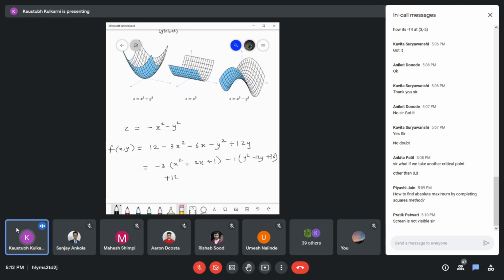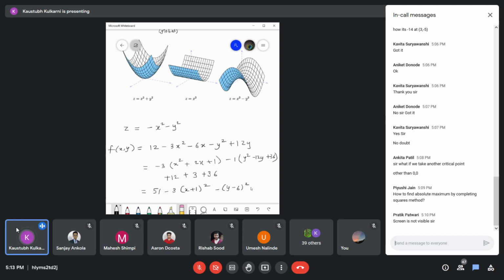Now we introduced minus 3, so we have to compensate with plus 3, and we introduced minus 36, which we have to compensate with plus 36. So it becomes 51 minus 3 times (x plus 1) square minus (y minus 6) square.